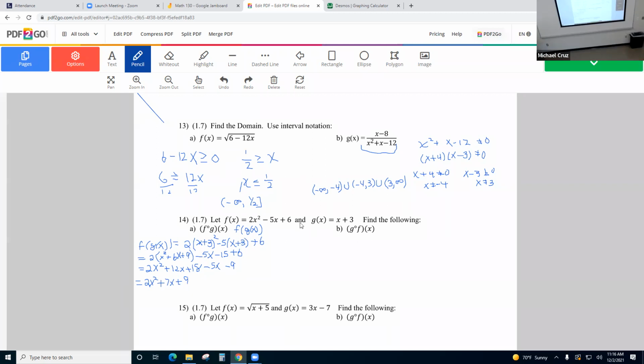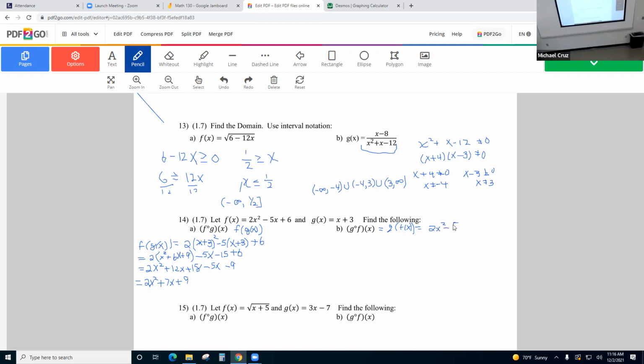This one is just the opposite. This is g of f of x. So we take f of x and put it inside of g. So the good part about this is there's only one x. So it'll be 2x squared minus 5x plus 6 plus 3.